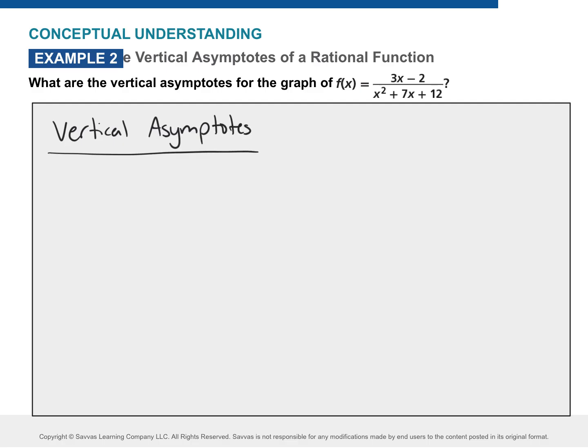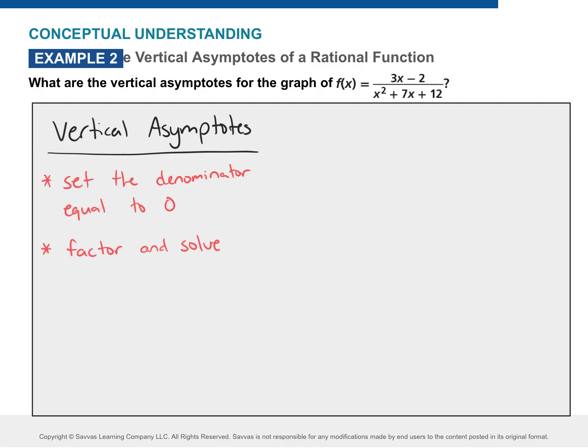To find our vertical asymptotes, we are going to set the denominator equal to 0. And then the next step is going to be factor and solve.